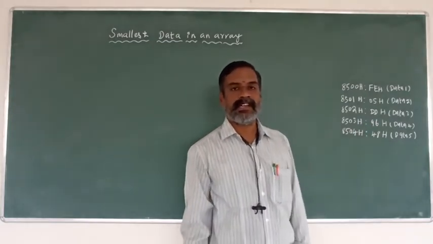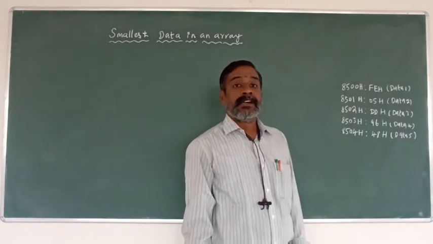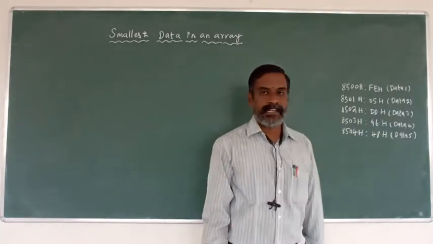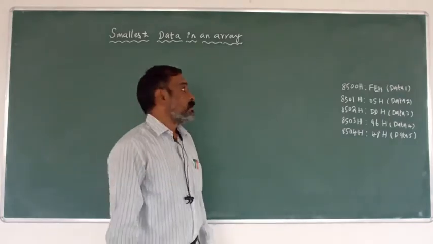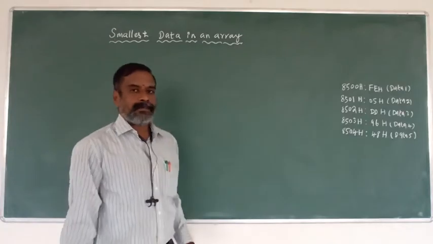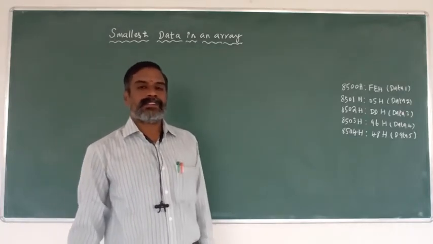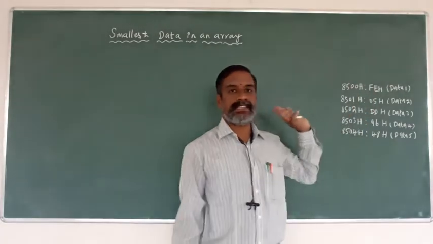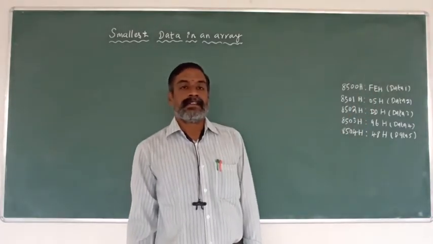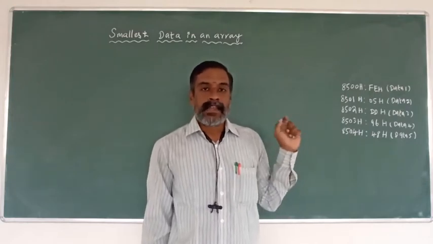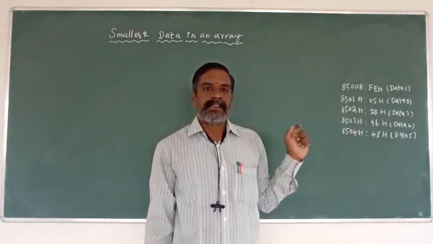Now to find out which data is smallest in the given array. For that, in the smallest program, first we have to compare the first data with FF. FF is the largest data in 8-bit.